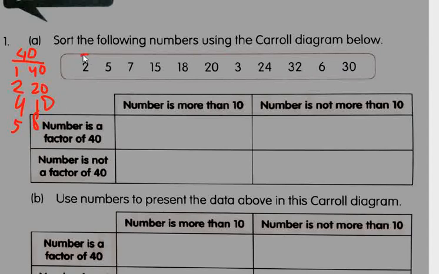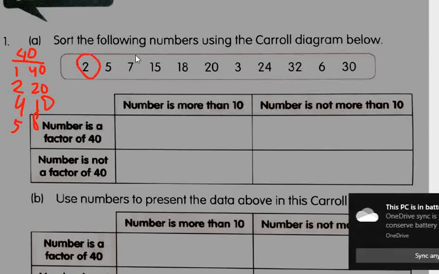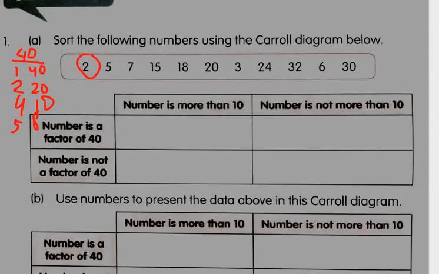We have 2, 5, yes, 7, no, 15, no, 18, no, 20, yes, 3, no, 24, no, 32, no, 6, no, 30, no. Okay, we have 3 numbers. So what are the numbers that are more than 10? Only one, right? That is 20.